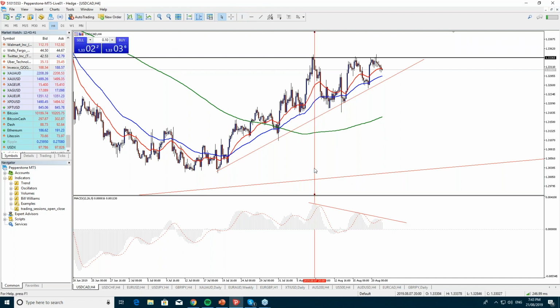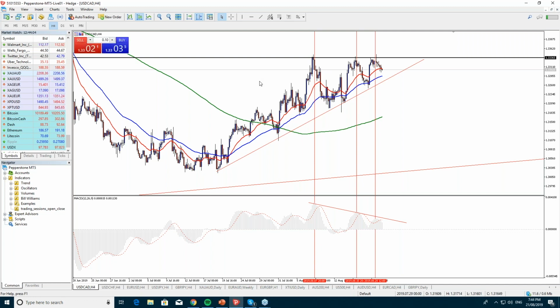The three touches we've got on the resistance zone on the USD CAD are clearly diverging negatively on the MACD. So as much as price is getting up there and rejecting, it's not being confirmed by the indicator. Obviously, a very important side note: we've got significant weakness in these areas.